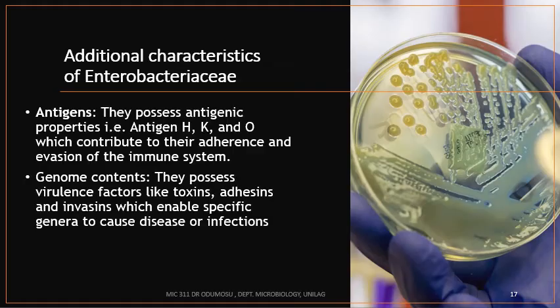These are examples of properties which make them virulent, to cause disease and increase their infectious abilities, leading to situations such as diarrhea and all that. So their properties are general and cut across the organisms.